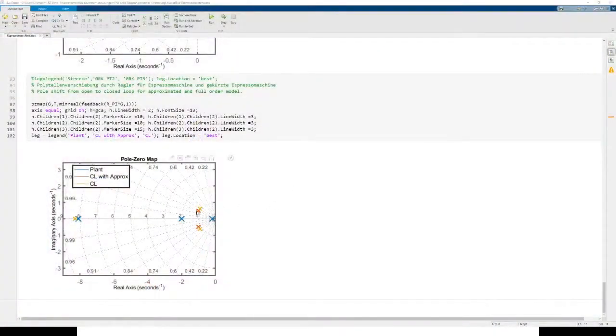And this is actually what this plot shows you. The orange ones are the closed loop poles of our PD2 approximation, but our plant in reality, our espresso machine, is PD3. If you take that controller designed for the PD2 and apply it on the PD3, you have a slight decrease of the damping.